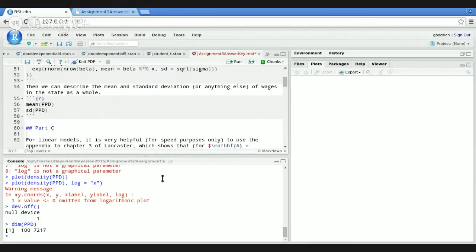So you can choose any X vectors that you want, and you can average over whatever you want.